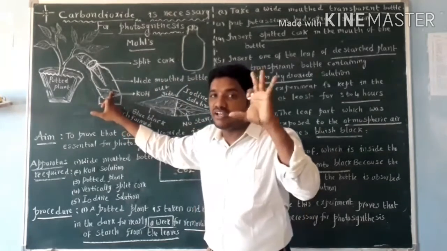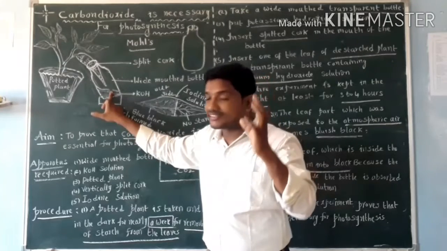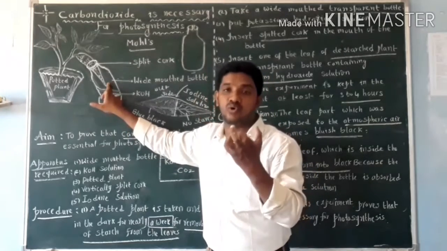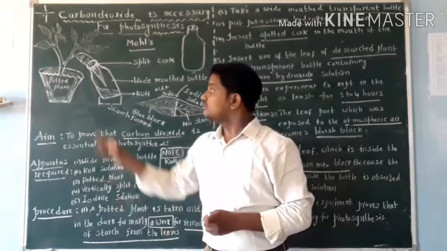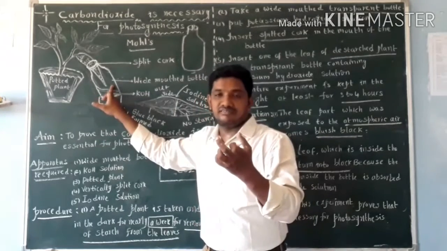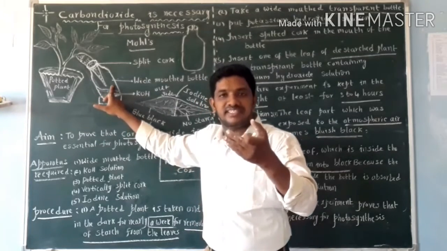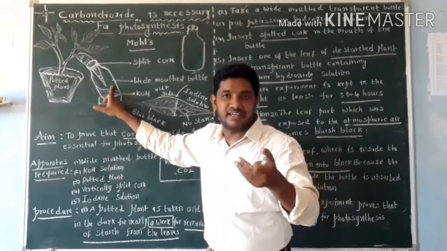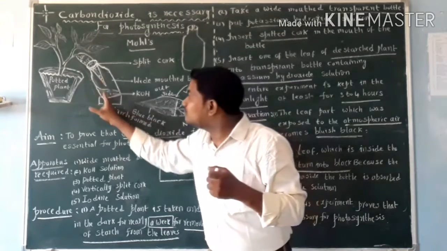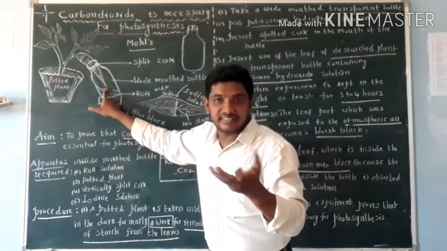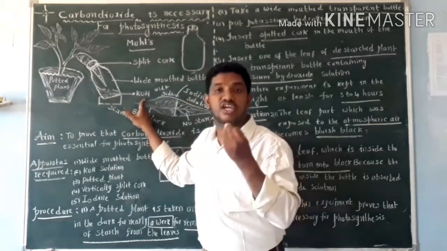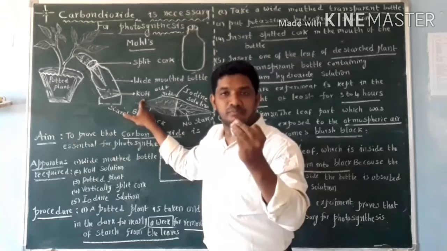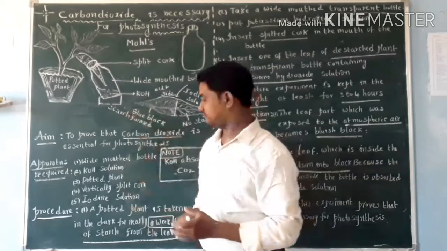So there is no availability of carbon dioxide inside the transparent bottle. So the leaf part inside the bottle does not prepare starch because there is no carbon dioxide, which was absorbed by the KOH solution, that is, potassium hydroxide solution.